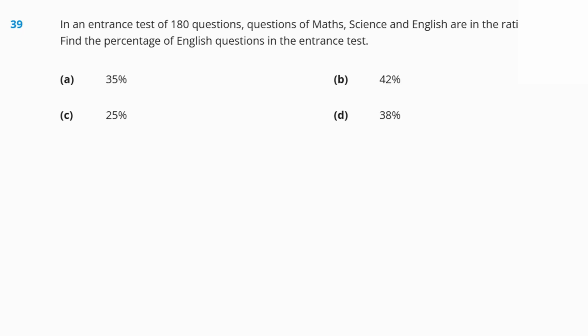What is the ratio of English questions? The ratio is 5:4:3. Three parts out of a total of 5 plus 4, 9 plus 3, 12. That's 1/4. If 1/4 is the fraction of English questions, to convert it into a percentage, simply multiply by 100, 1/4 times 100. That means 25% of the questions were from English.